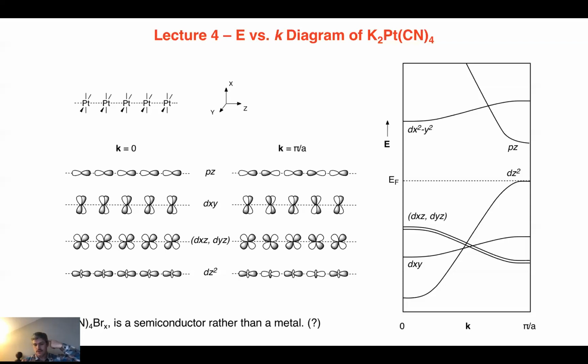Okay, so an insulator or a semiconductor tends to not pass electrical current because the bands are filled. And there's a gap here, okay? There is an energy level spacing here above these filled states. dz squared is filled all the way to the top, so we've shown the Fermi energy here. And then the next highest level is this energy spacing up to Pz.